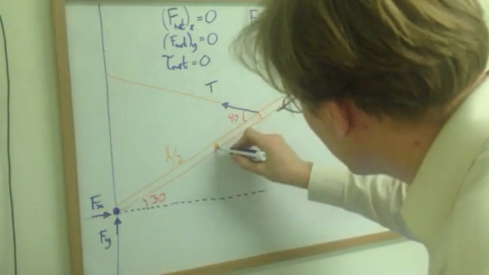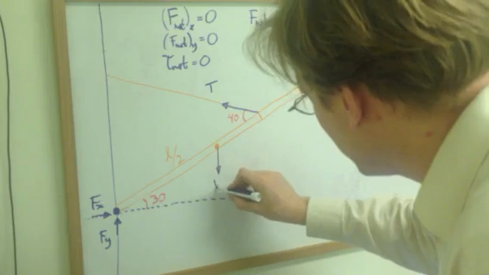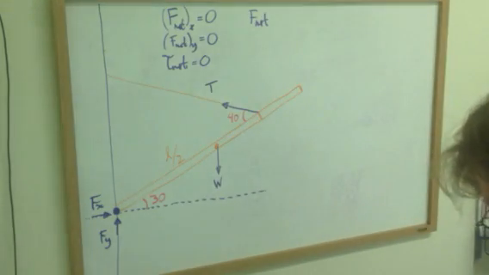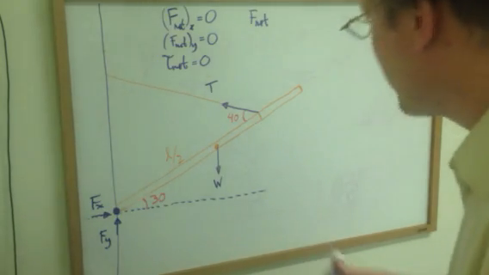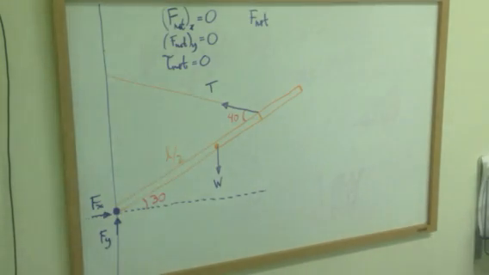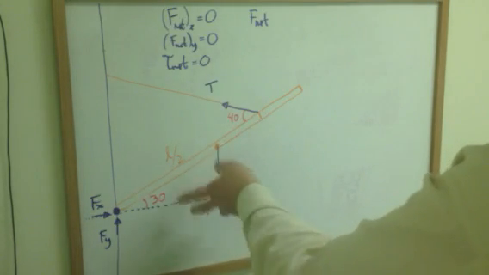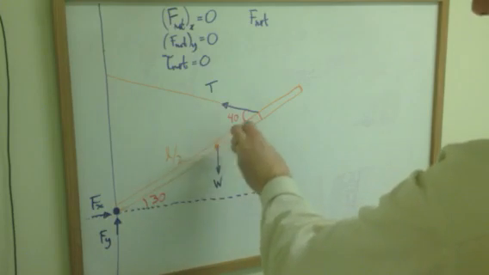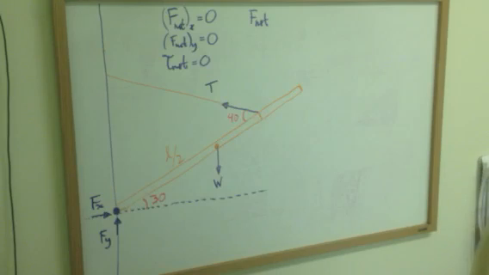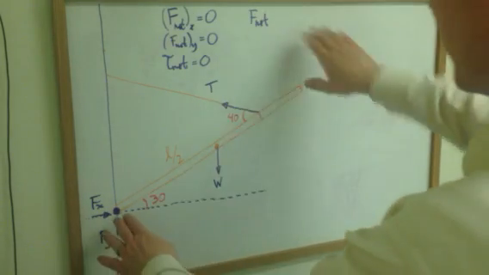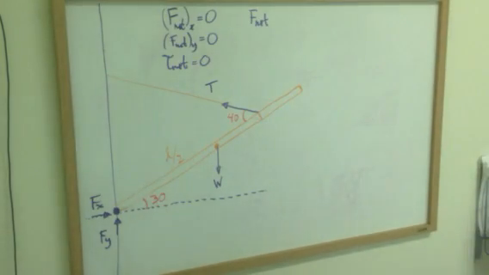And gravity, there's a force of gravity equal to its weight, which is mg. Whatever its mass is, weight equals mg. So there's a force of gravity on any object with a mass. It has an effect basically at its center of mass. You can assume the whole beam is just a point right there, pulling down, wanting to torque it in the clockwise direction. This wire is holding it up in the counterclockwise direction.